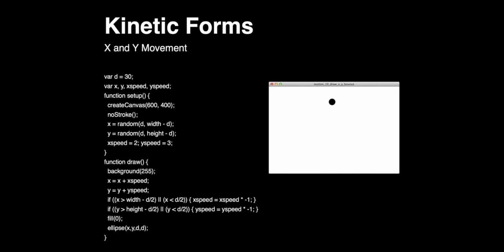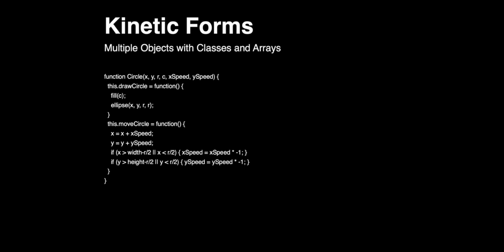All right, so we have moved an ellipse on both the x and y axis. So it's moving at a diagonal and it's bouncing off the top, bottom, left, and right sides. So we did this for one, but what if we wanted to do this for many? The best way to do this for multiple objects is to create a specific class for that object.